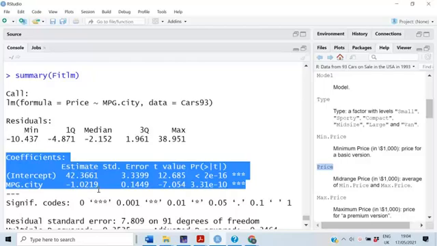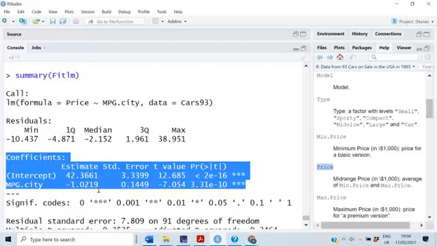So how do you interpret this? When there is no miles per gallon, the price of the car is what? 42.37. You check the price over there. If you are interpreting this in this class and you say it's 42.37, 42.37 what? You must interpret it in relation to the problem you are solving.